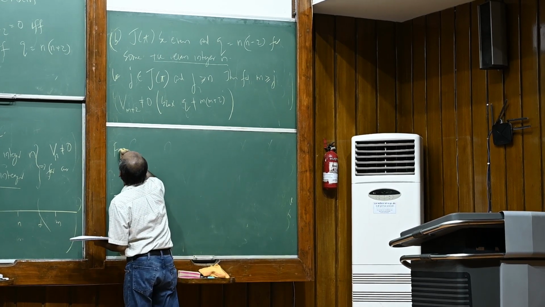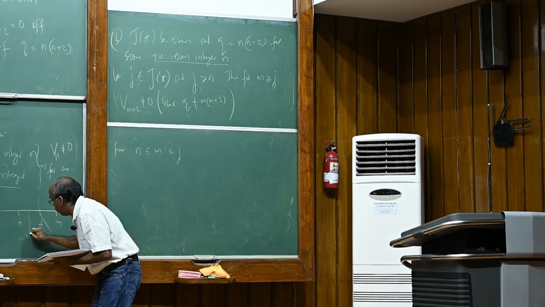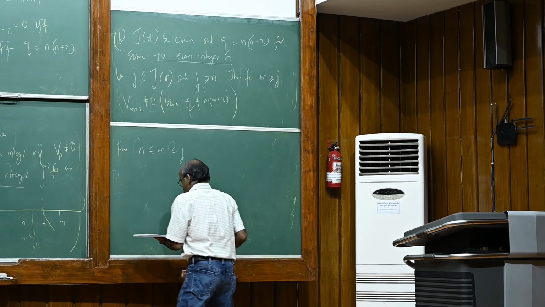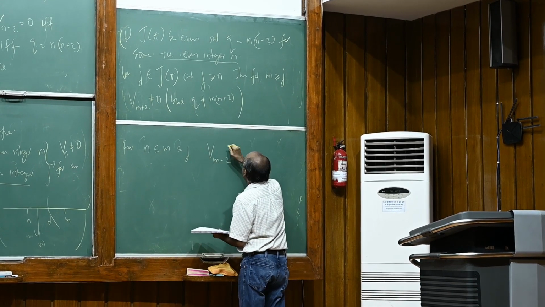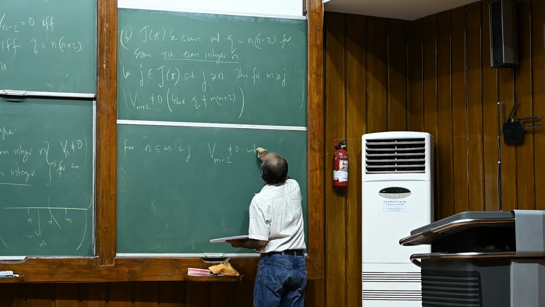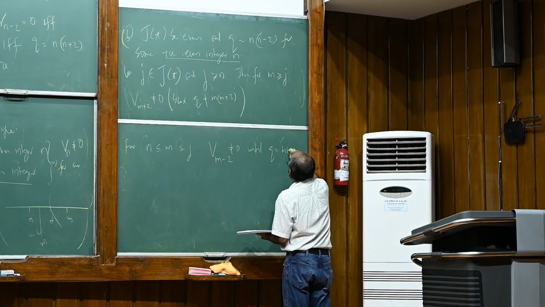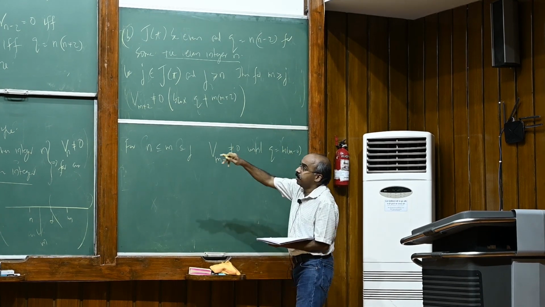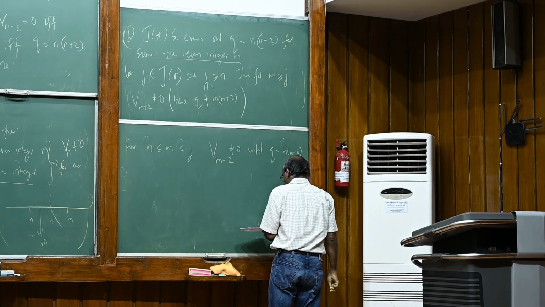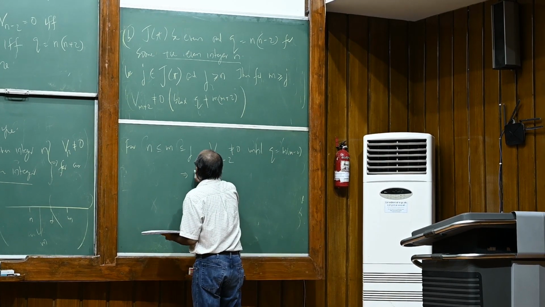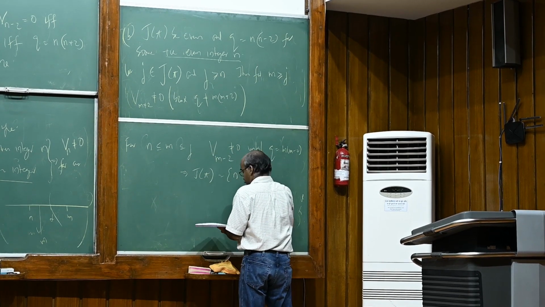For n less than or equal to m less than or equal to j, now m comes here. Vm minus 2 is not equal to 0 until q equals m into m minus 2, right? That is when, because of that proposition, j pi will have to be equal to n.